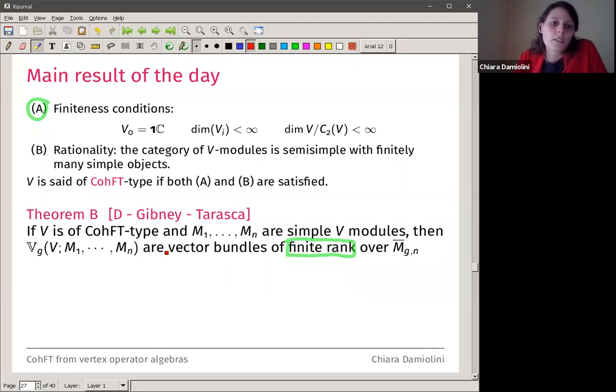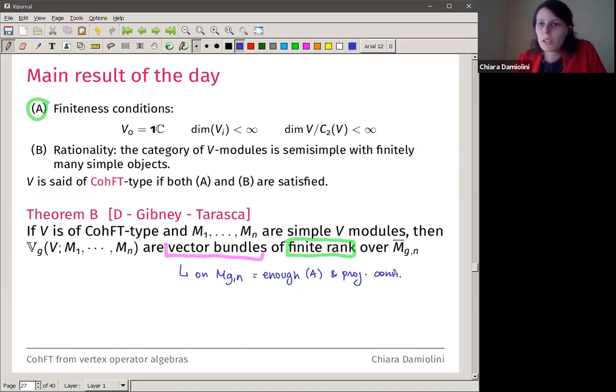While to show that they are vector bundles, and let me use this pink color, if I only need to show that they are vector bundles on M_{g,n} without the bar, so on the open locus, A and the projective connection that I mentioned before are enough.